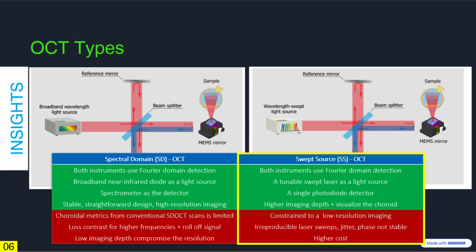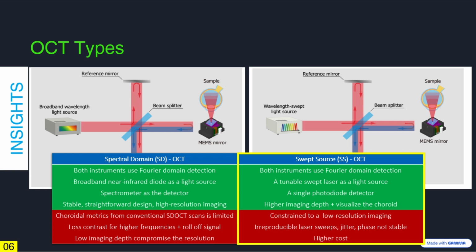This paper focuses on the swept source OCT. Swept source OCT uses a single photodiode detector and also a balanced detector to balance between the reference and the sample arm. It has higher imaging depth.